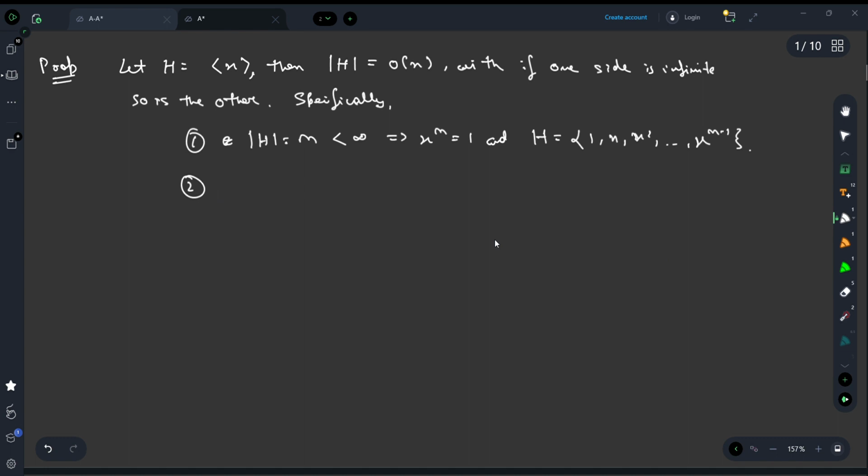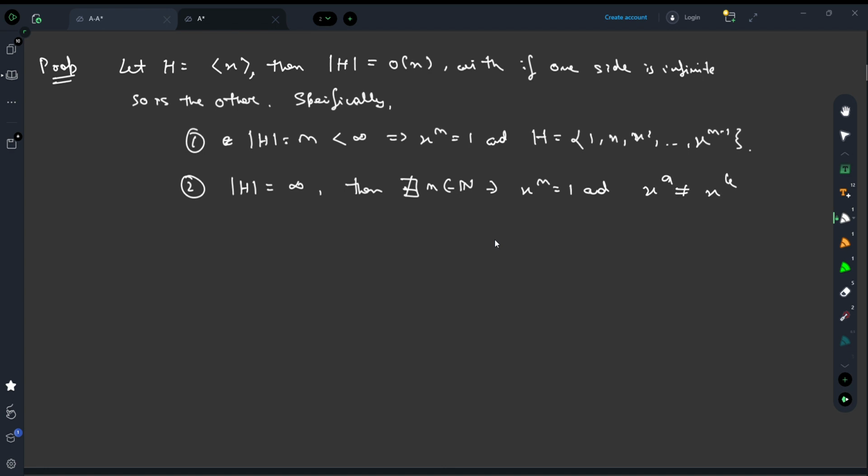Okay, so this is the structure of H. If H is infinite, then there does not exist any n such that x to the power n is equal to 1, and here comes the important part, that x to the power a cannot be equal to x to the power b for any a not equal to b in the integers, let's say. Yes, so these are the statements which we need to prove.